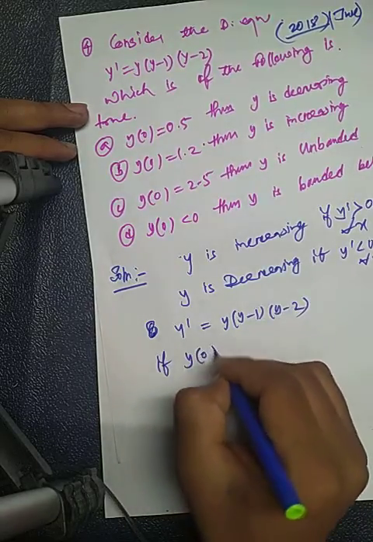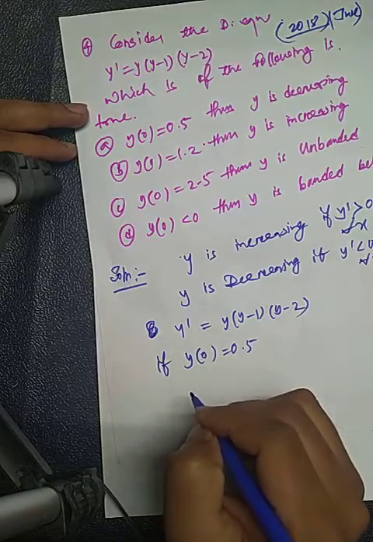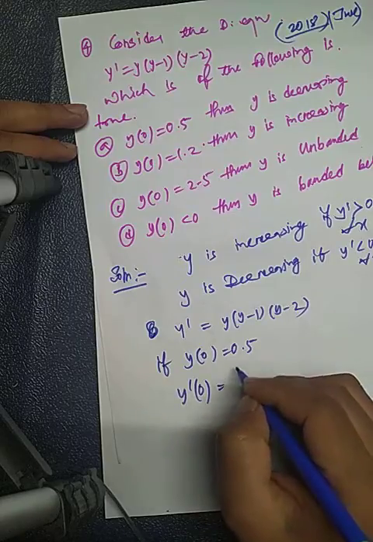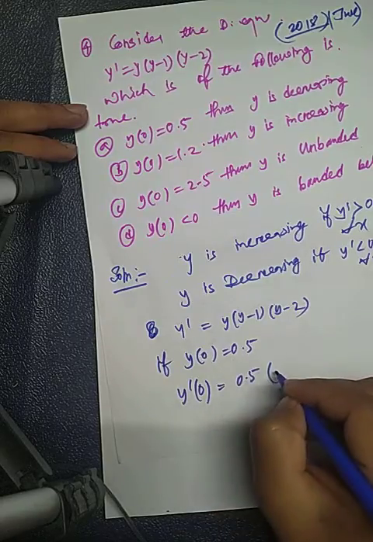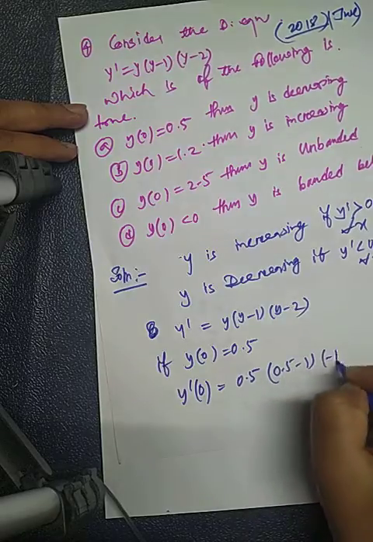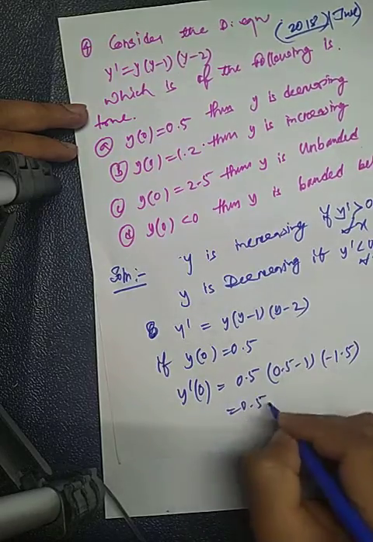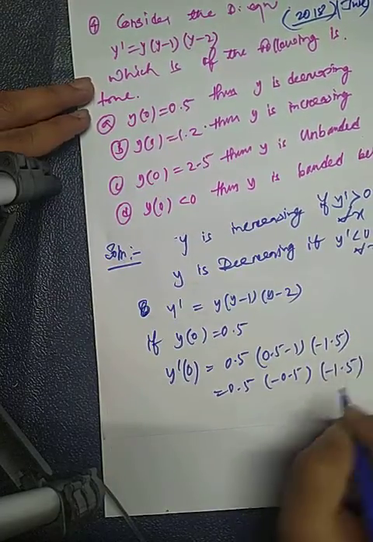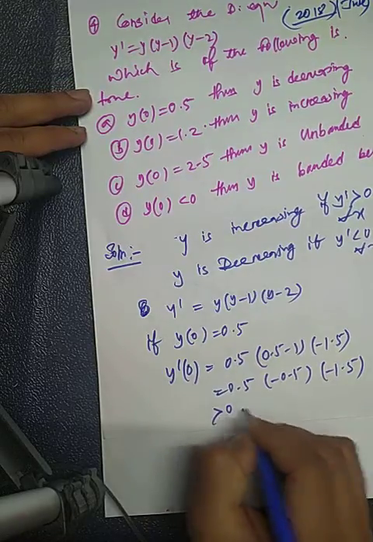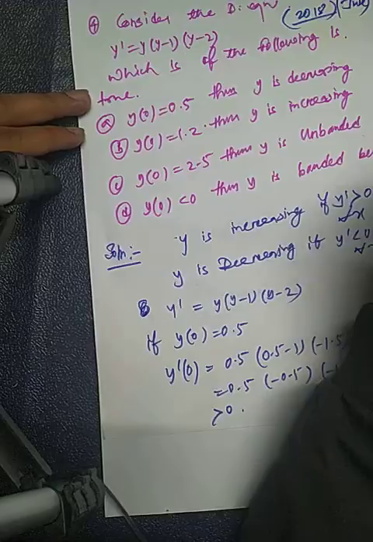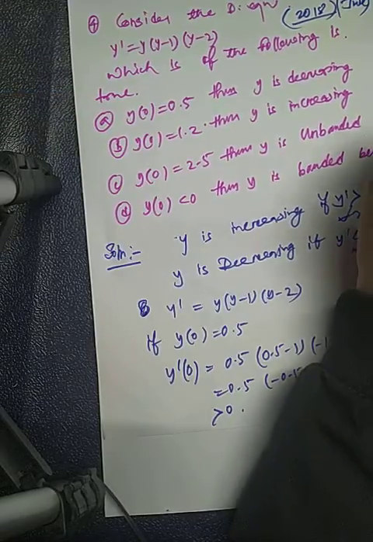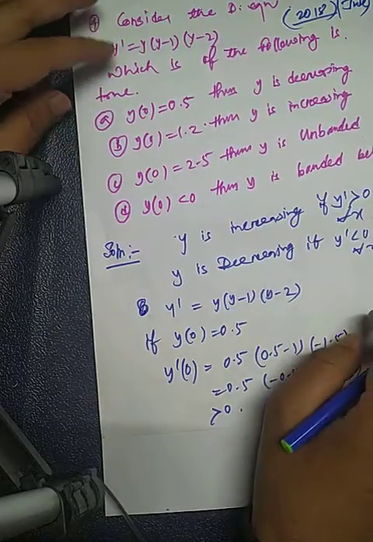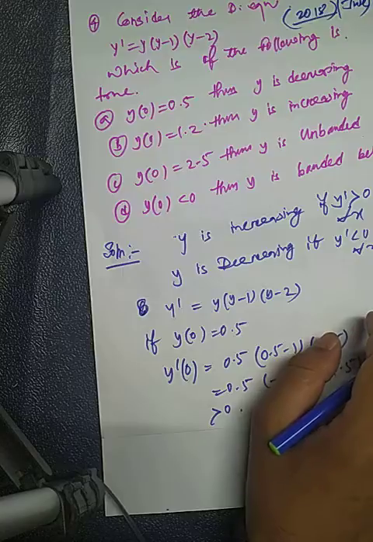If y of 0 is equal to 0.5, then what will be y dash 0? It is 0.5 into minus 0.5 into minus 1.5, which is greater than 0. So y dash 0 is greater than 0. From here we cannot say that y is increasing, because y dash of x should be greater than 0 for all x.